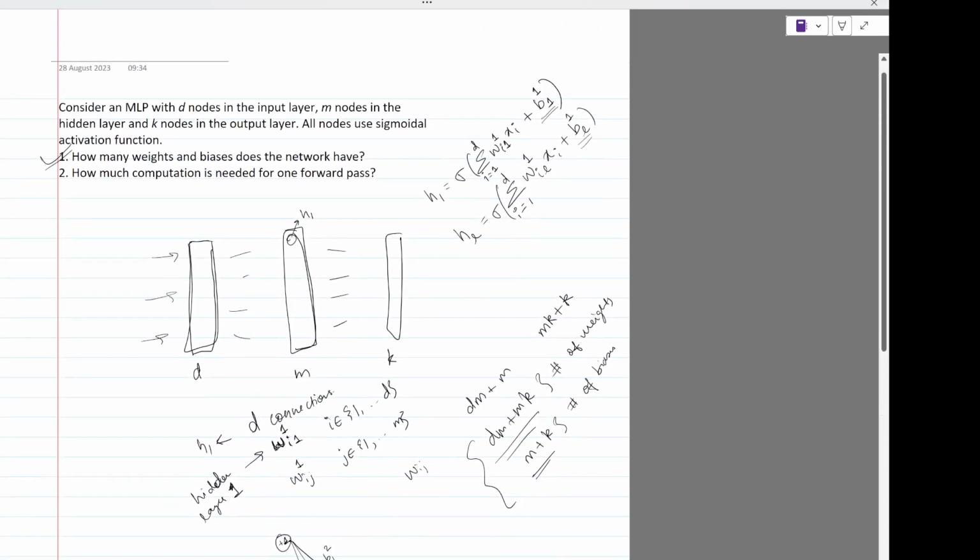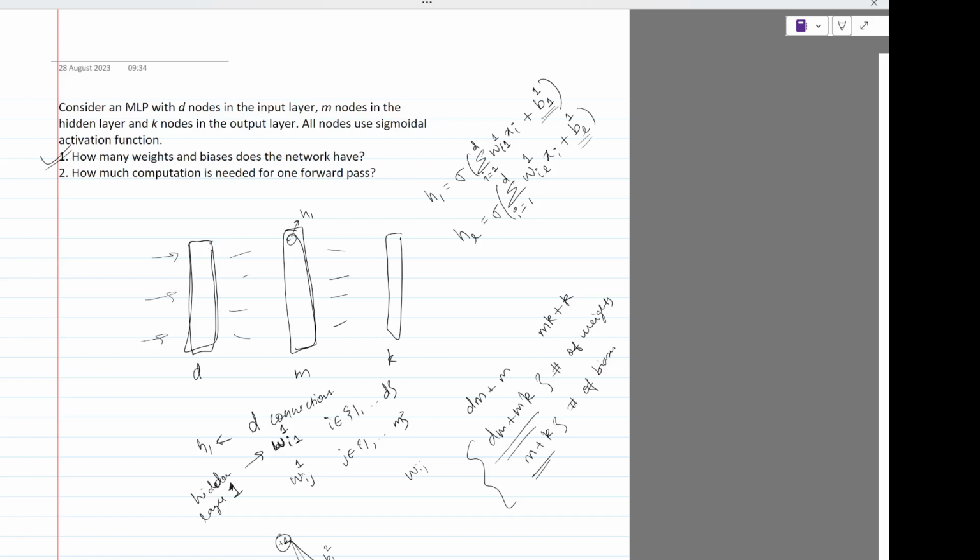So how many computations are needed for one forward pass? One forward pass means one input you are passing, or one batch you are passing through the network. So you can just consider one input. Then in the first layer there is no computation being done.